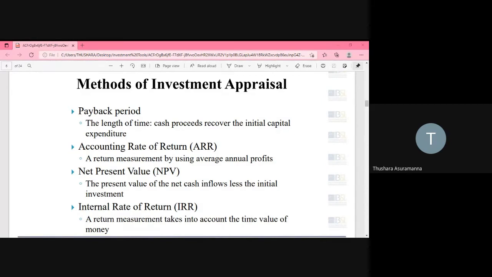Go to project B, average profit to average investment. Project C, project D, the same. We compute that, and after the computation, we accept the project with the higher ARR, because average profit to average investment is the highest. So then I am happy to accept that. Here you are dealing with profits and investment in the ARR. Is it clear now? Yes, sir.